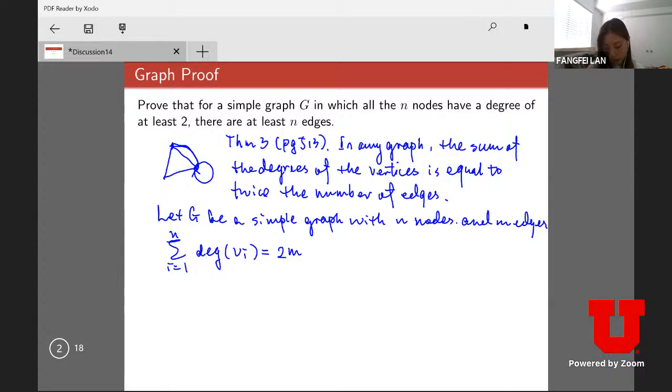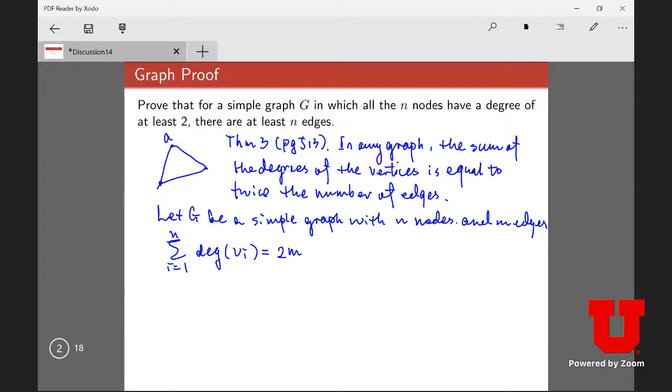So the sum of the degree meaning what? Let's go back to this simple graph right here. It's just a triangle like this. What is the degree of A? 2. Yes, exactly. Degree of A is 2, and then B, and then C as well.